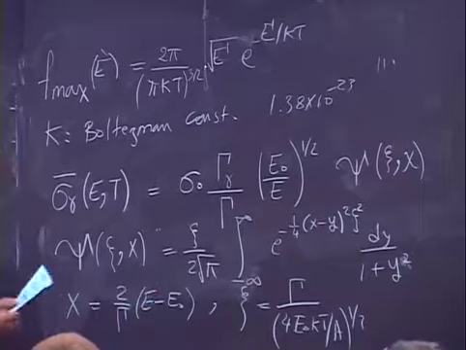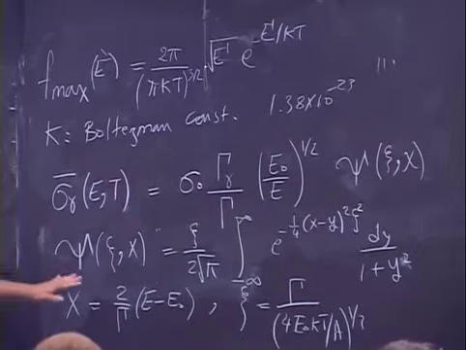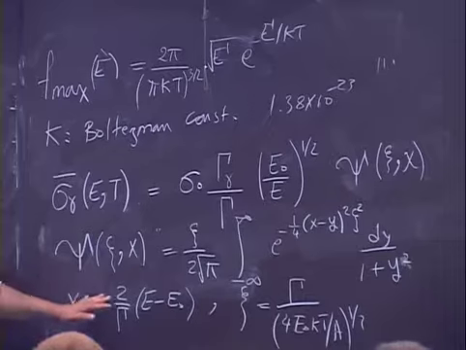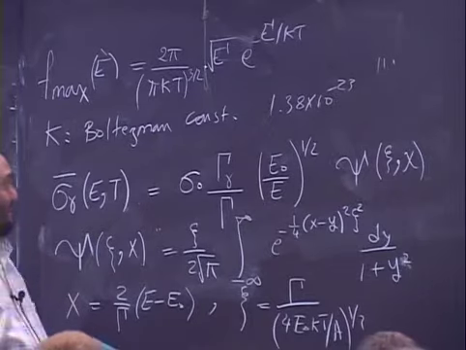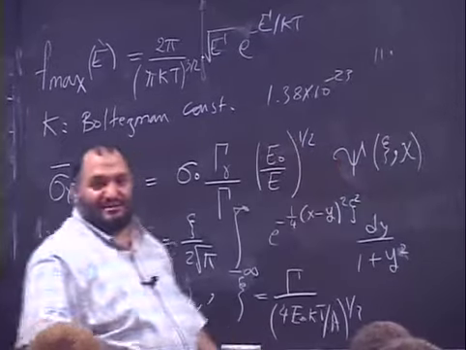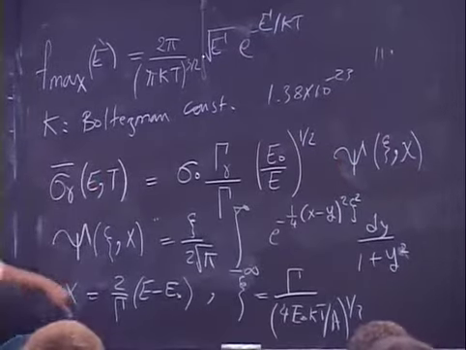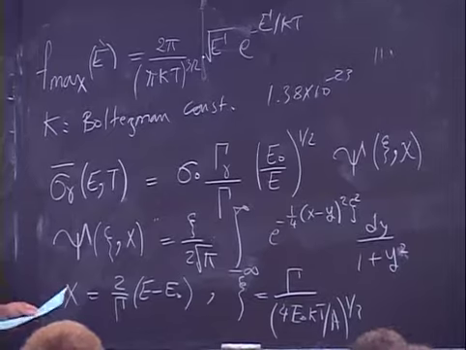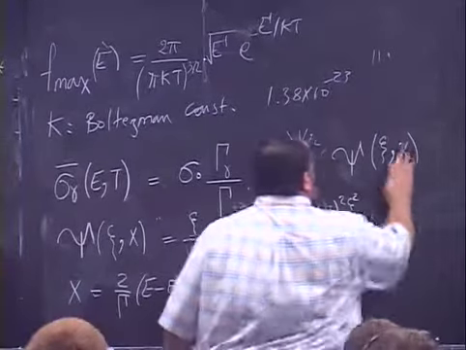So again, I do not expect that you memorize any of this. Yes? Psi of eta and x, or eta and chi? Zeta, psi of zeta and x. So the X is here. Not chi, this is X.